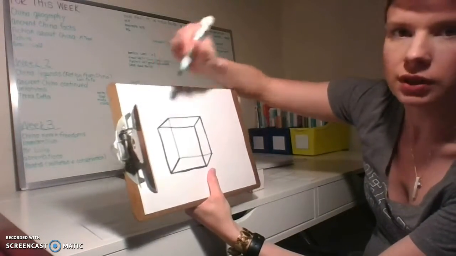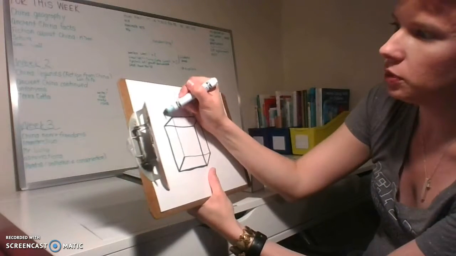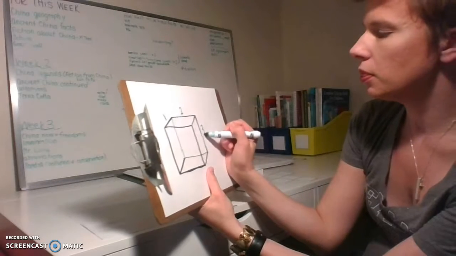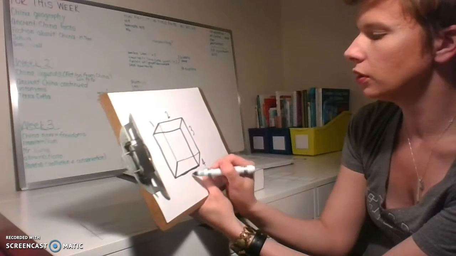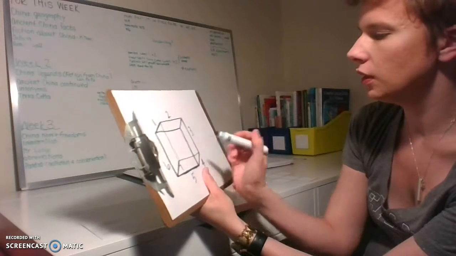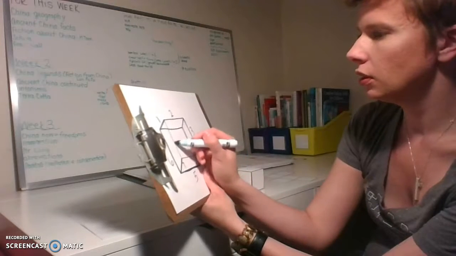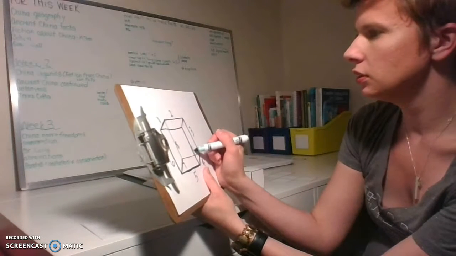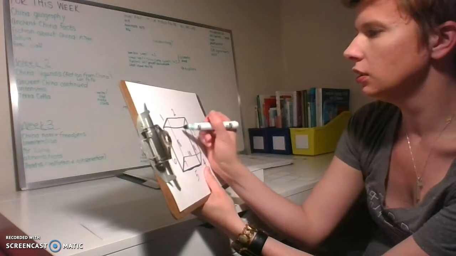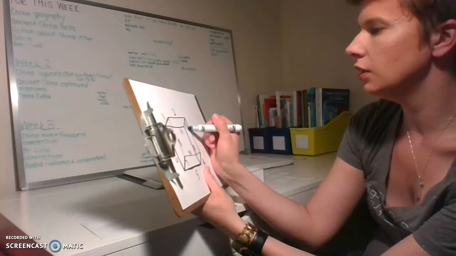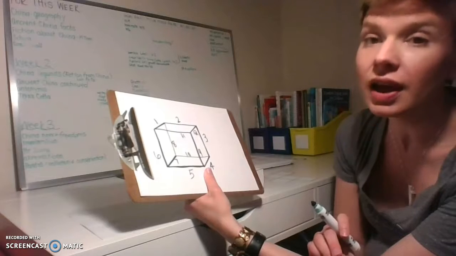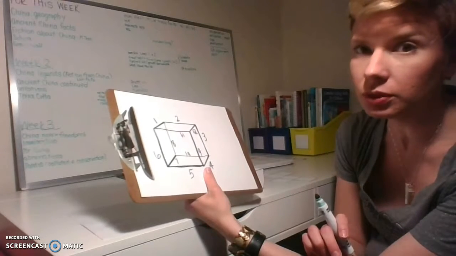So I have 1, 2, 3, 4, 5, 6, 7, 8, 9, 10, 11, 12. I have 12 edges on my cube.